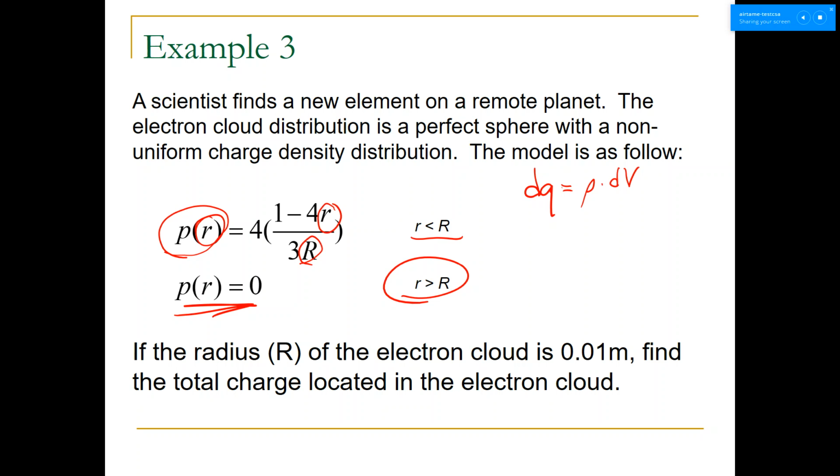Or I can call this, if this is really, really small, dr. So it would be 4 pi r squared, because we accounted for those two dimensions. And that last dimension, the thickness, is going to be the small part of that thing.